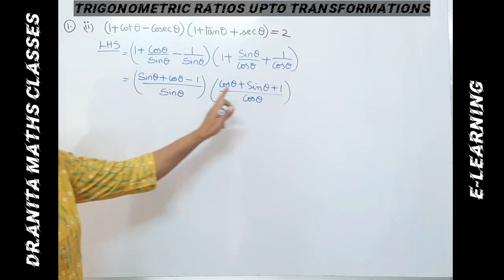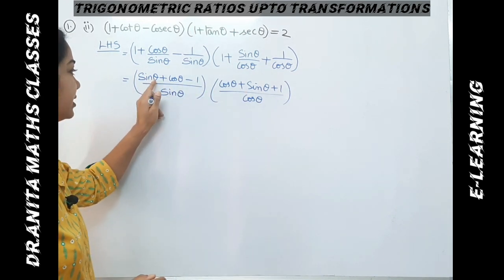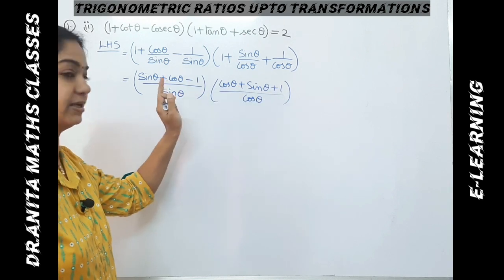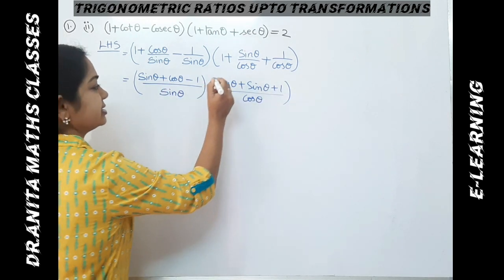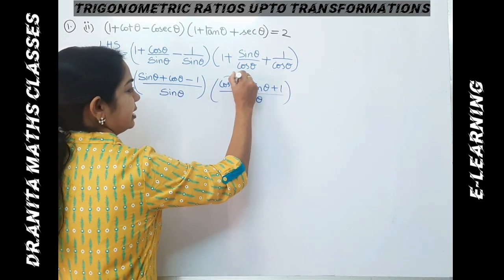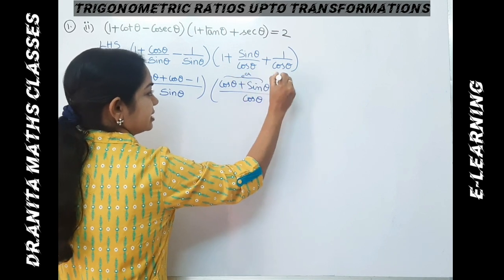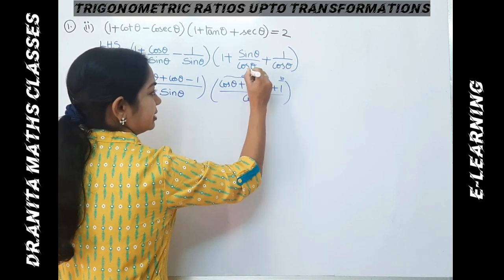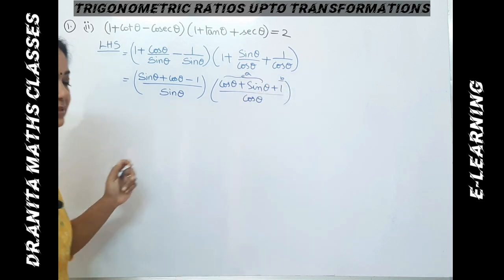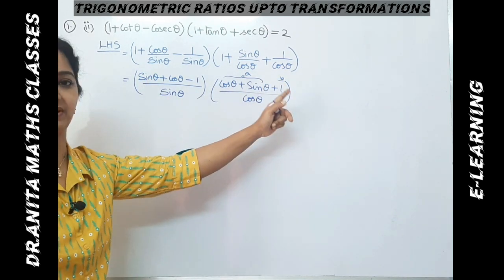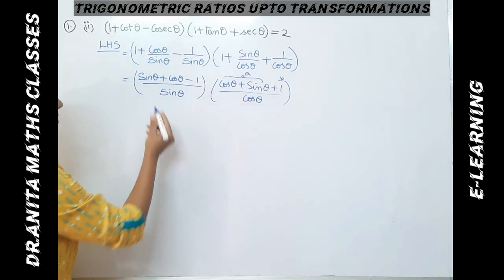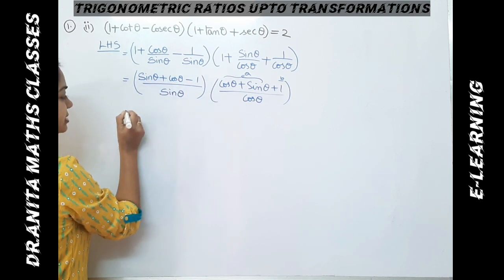If you see both the numerators, sine plus cos plus 1 and minus 1. Let us take sine plus cos as a, and 1 as b. So a minus b into a plus b comes to a square minus b square, where a is sine plus cos.